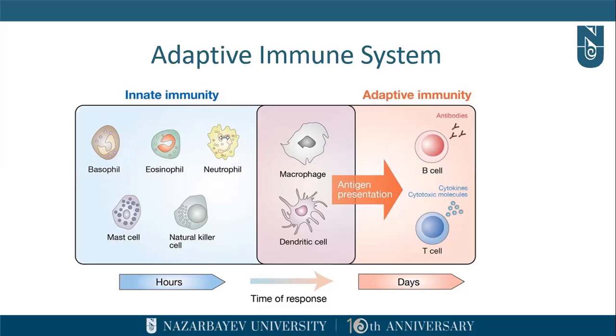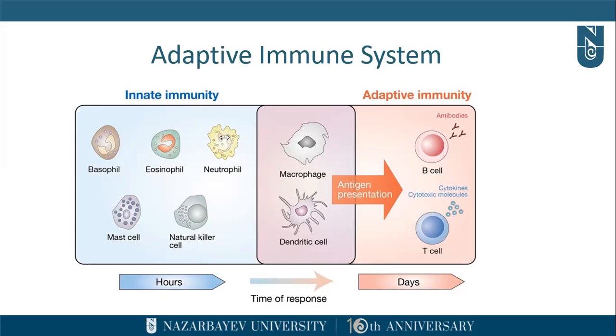Any antigen presenting cell, which can be either a dendritic cell or a macrophage, engulfs the bacteria, chops it into different parts, and then presents them on the surface of the cell to trigger a further immune response.